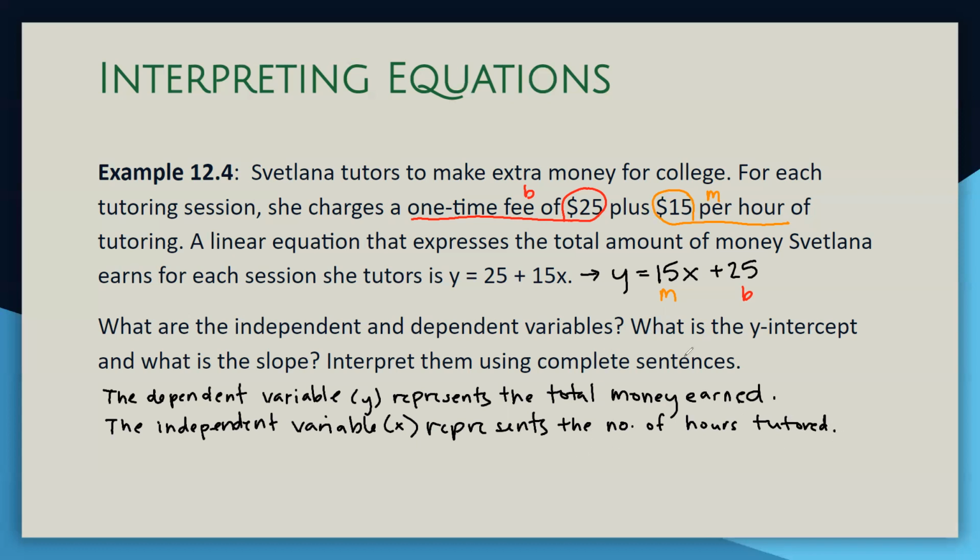So we're looking at the relationship between the number of hours tutored and the total amount of money that Svetlana earns. They then ask for the slope. So we know that the slope is the $15 per hour. And the y-intercept is that initial value of 25.